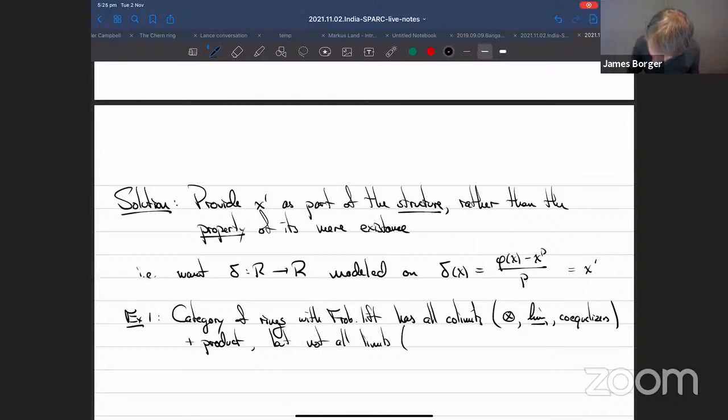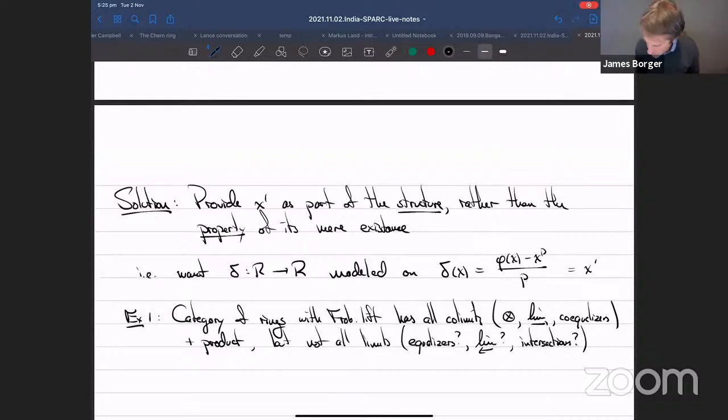So I believe, although I always have to think about this for a few minutes to work out another example, I believe it doesn't have equalizers, it doesn't have inverse limits, and I believe it doesn't have intersections of subobjects.